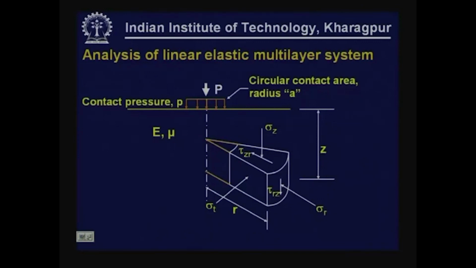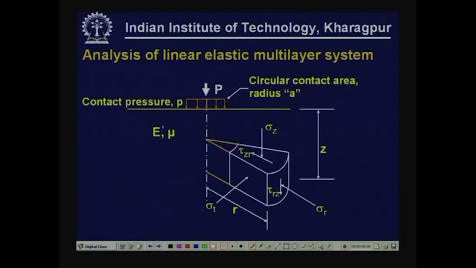To discuss the analysis of a linear elastic multilayer system, a simple system would comprise a single layer characterized by elastic properties, an elastic modulus value and a Poisson ratio value.